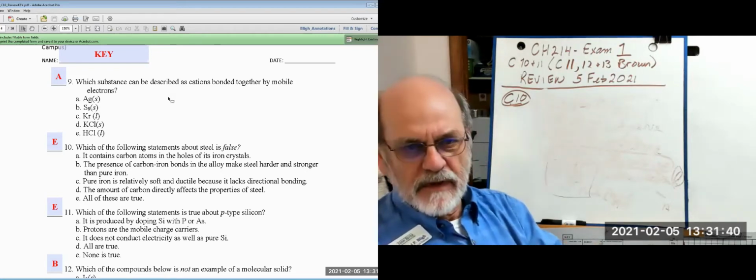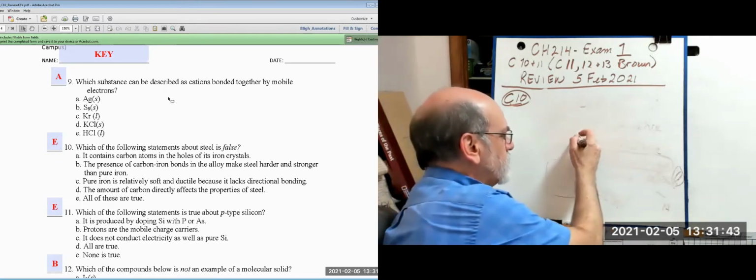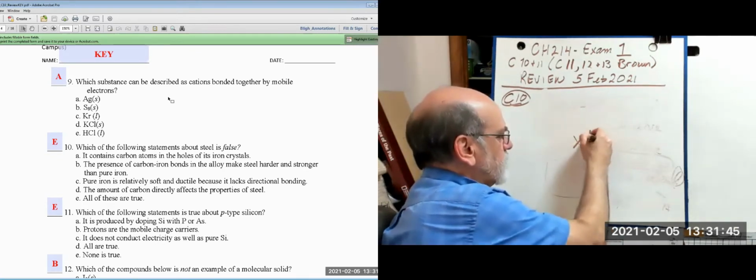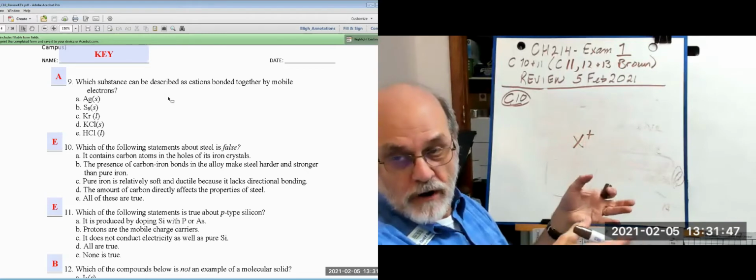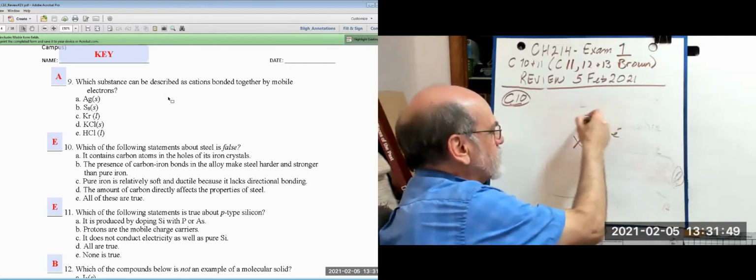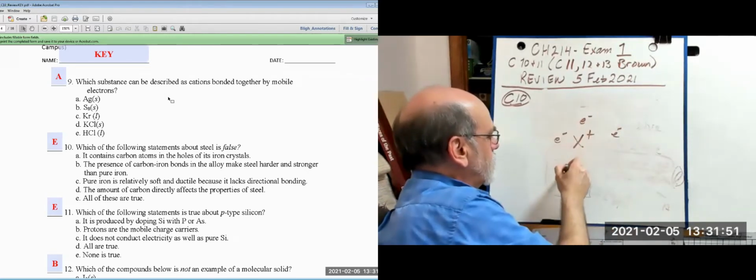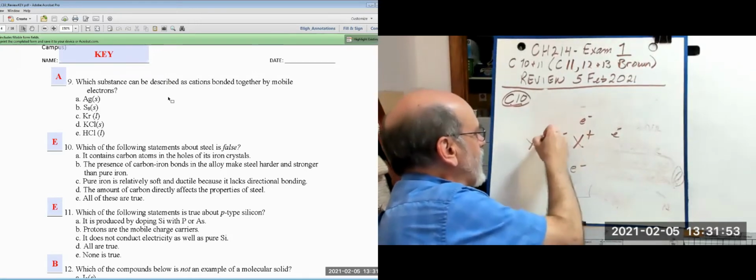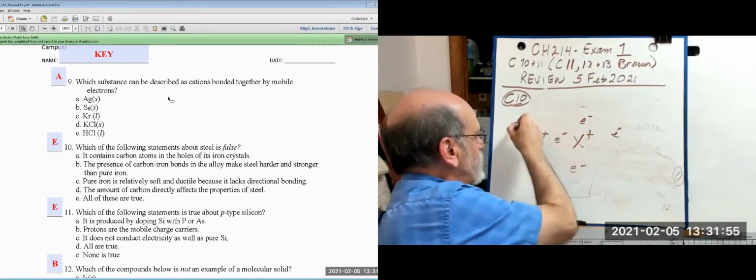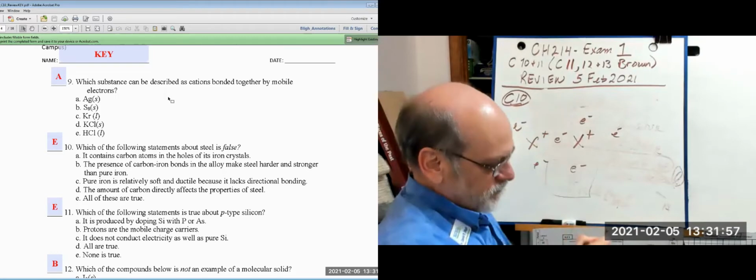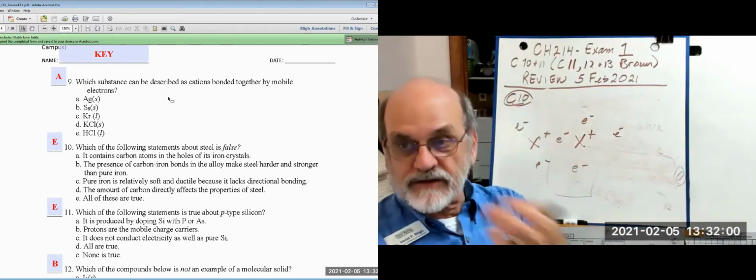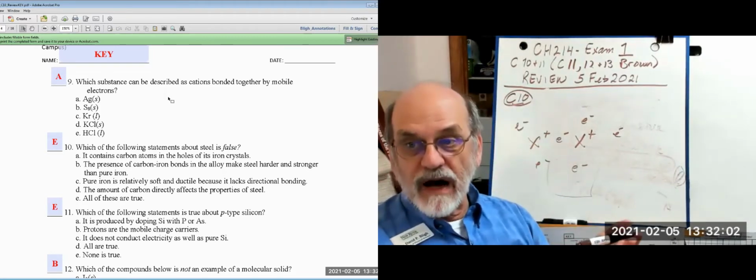It's like metal ions with a positive charge in a sea of electrons, and then another metal ion over here with its electrons. All right. That's otherwise known as metallic bonding.